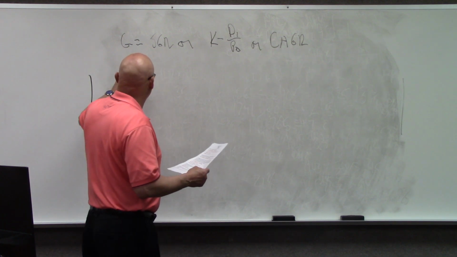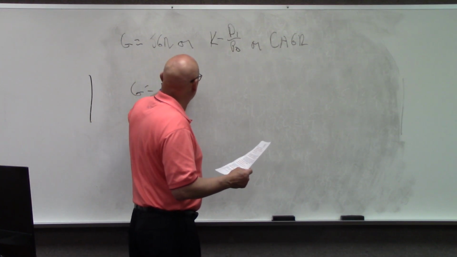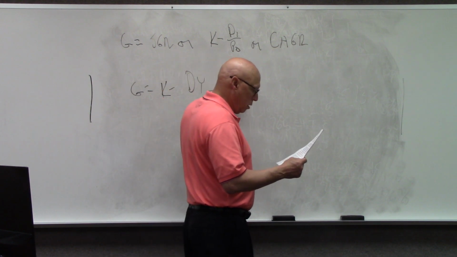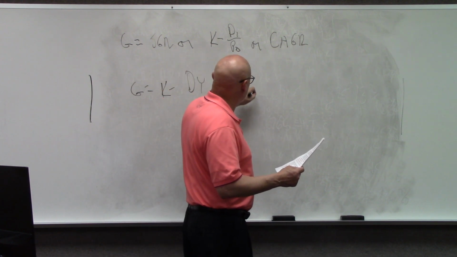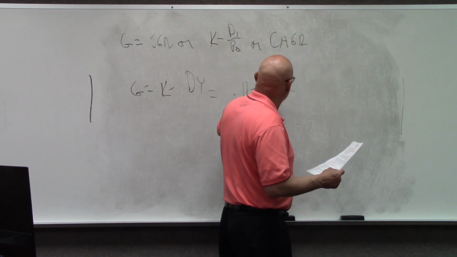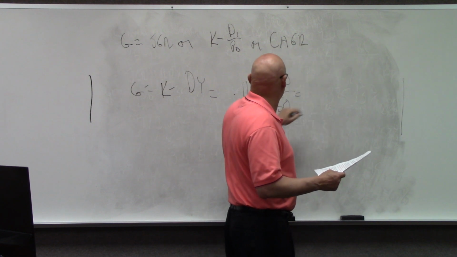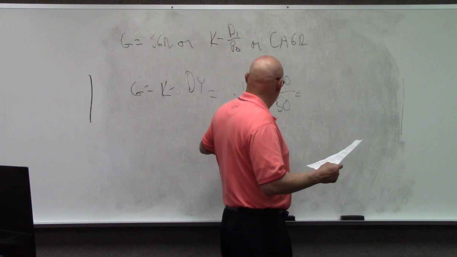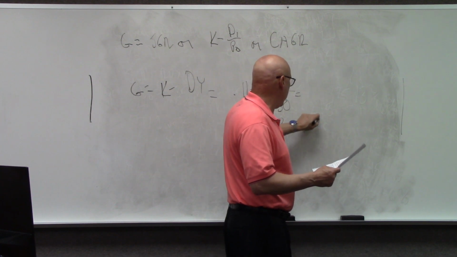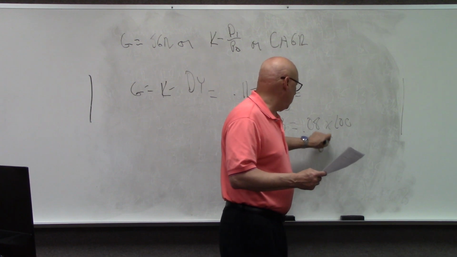So G equals K minus the dividend yield, which is 0.11 minus $1.50 over 50, which is 0.11 minus 0.03. G is 0.08 times 100 equals 8%.